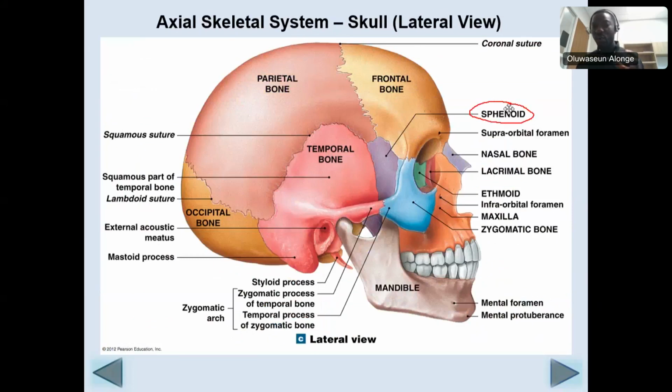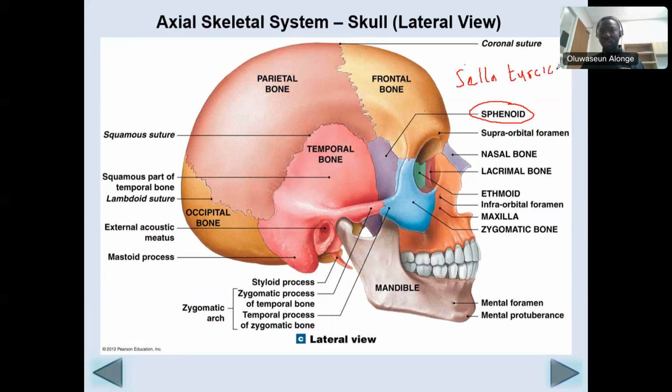This is the bone that hosts the sella turcica. The sella turcica is part of this sphenoid bone. I'm going to write it here. Sella turcica. It is the sella turcica that holds what we call the pituitary gland.